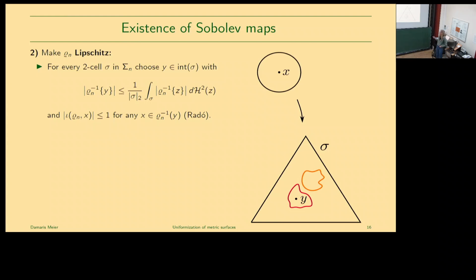It's when I take a small curve around this point and count how many times it goes around the image after mapping it. It's a result of Rado that this is satisfied for, again, almost every point. So we can pick such a y that has these two conditions in this setting.